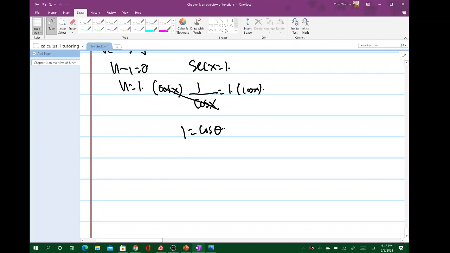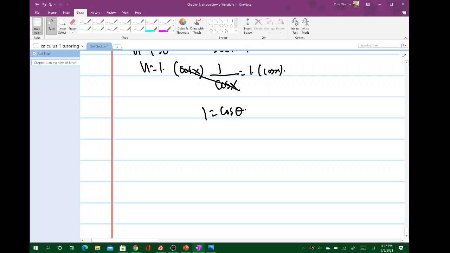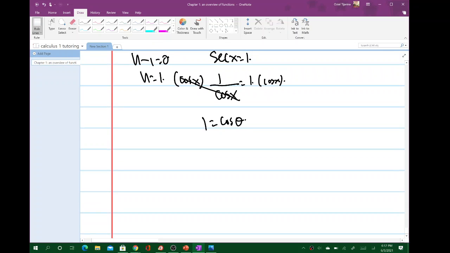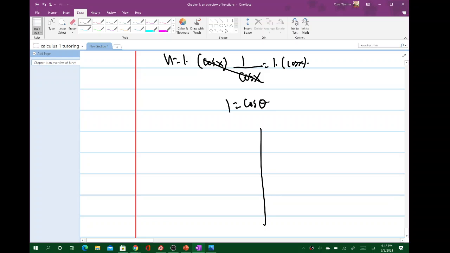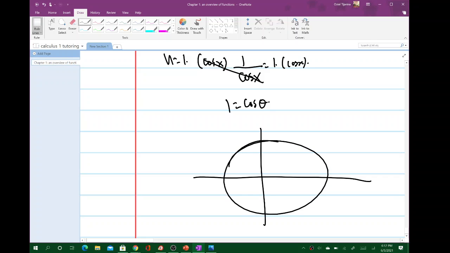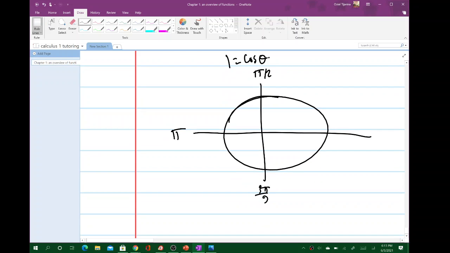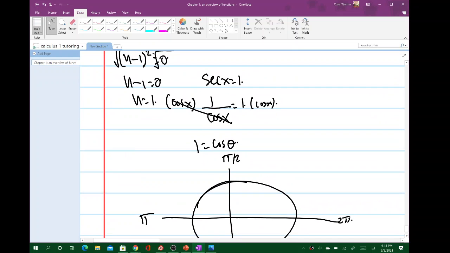So we know that theta, in reality, if we look at the unit circle, this is pi over 2, pi, 3 pi over 2, 2 pi. And we want to know, where does cosine theta equal 1?